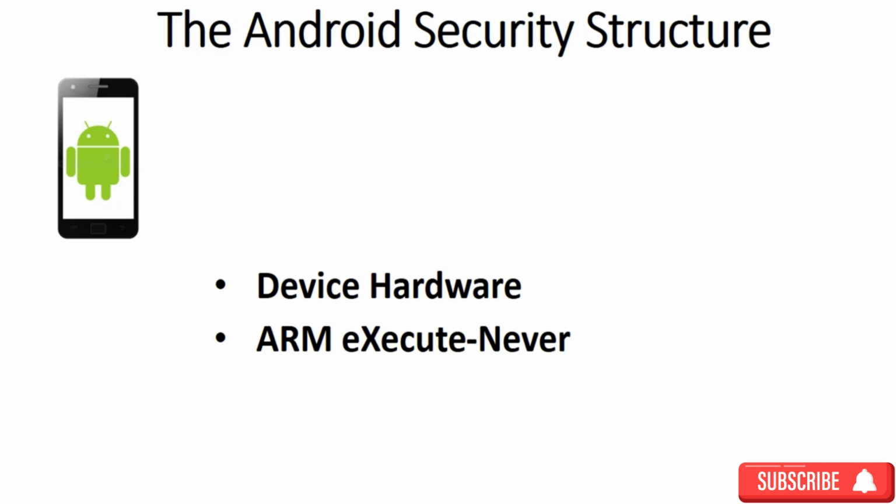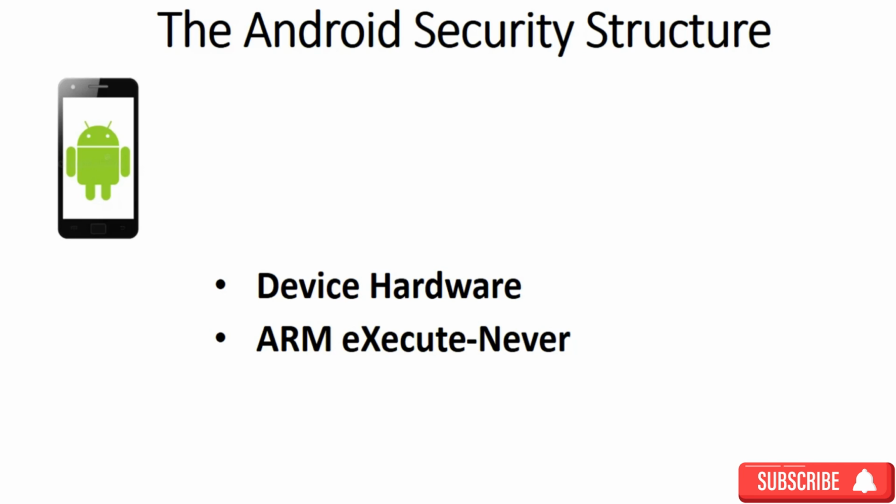But it does take advantage of some hardware-specific security capabilities, especially in the ARM architecture. There is a security capability called ARM Execute Never, which prevents remote or arbitrary execution, such as buffer overflows that perhaps can be exploited in the system.